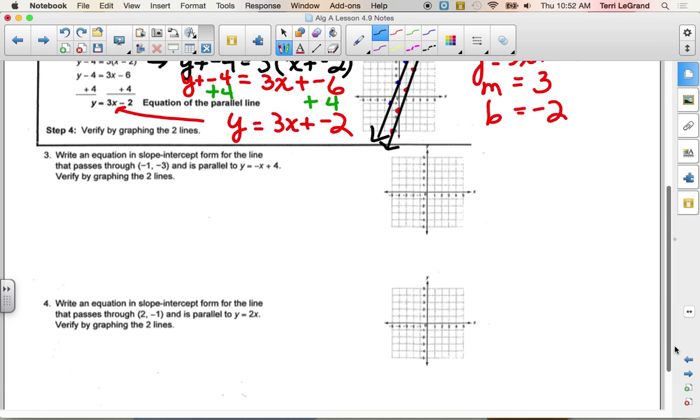First of all, we have to decide what's our given line. What's our given line? The one we're going to put on the graph to start with. Y equals negative x plus 4.